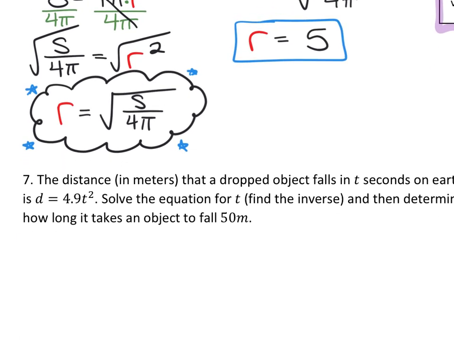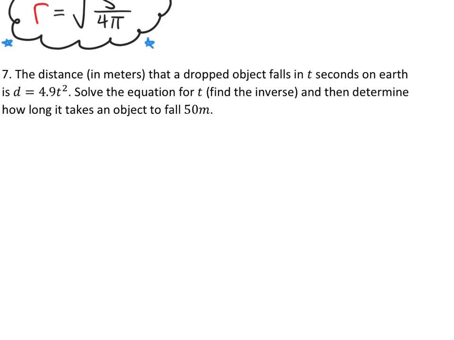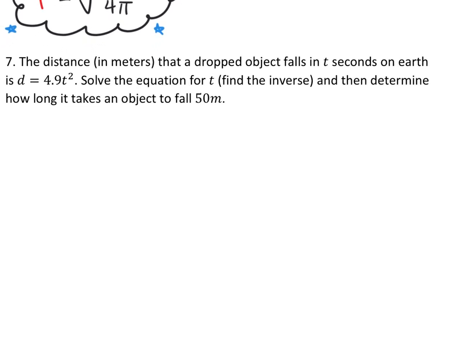Let's do one more example, last example for today. It says the distance in meters that a dropped object falls in t seconds on Earth is d equal to 4.9 t squared, where we want to solve the equation for t, meaning derive the formula for t or find the inverse, and then determine how long it takes an object to fall 50 meters. Now they gave me a distance, not a time, so I know I'm going to plug that number in for d.